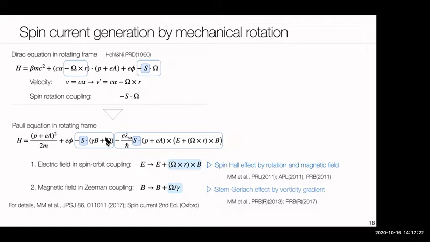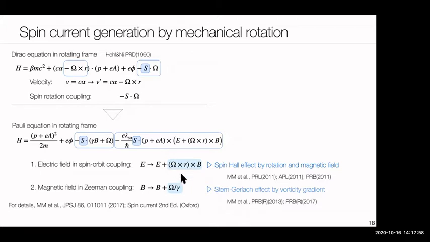But very interestingly, up to the order of 1 over m squared, the spin-orbit coupling is modified in this way. The electric field appearing in the spin-orbit coupling is shifted by this kind of effective electric field given by omega cross r cross B.